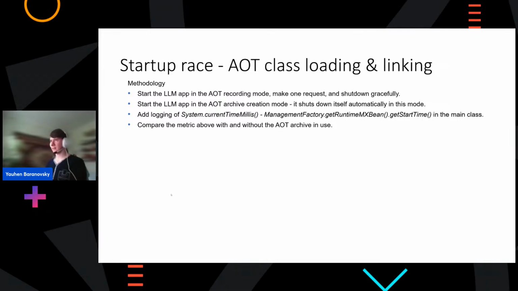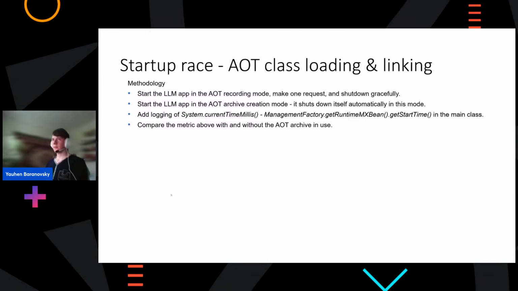Just to remind you, the idea is that the Java machine is able to make a so-called dry run to try to load all the classes, or at least all the major classes it needs to perform its business logic and other technical functionalities, and dump all the precompiled, preloaded data structures associated with those classes in a compact file, which is called the AOT archive, so that subsequent runs of the same application are able to reuse it and get a boost in terms of startup times, at least.